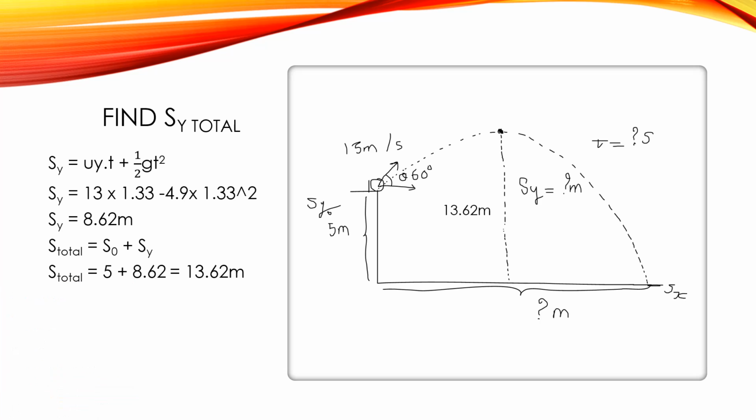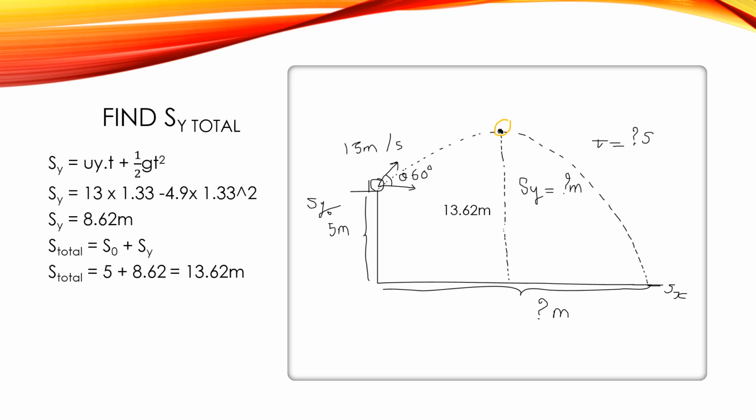So here the uy will be equal to 13 because we are still using the vertical component, so we don't use cos theta here.